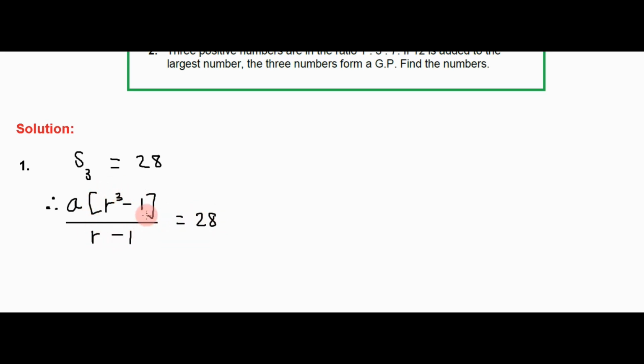Now we're going to simplify this equation. R cubed minus 1 is a difference of cubes. And just a reminder that A cubed minus B cubed, when we factorize it, will be A minus B, in other words, a cube root of the first term minus a cube root of the second term. So this goes into the first set of brackets.